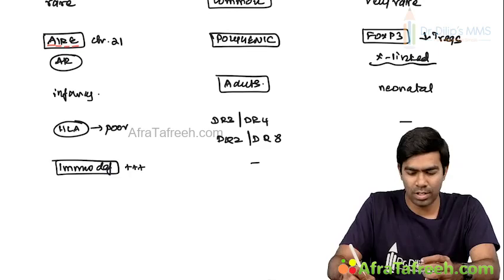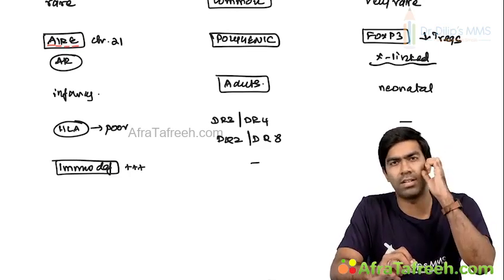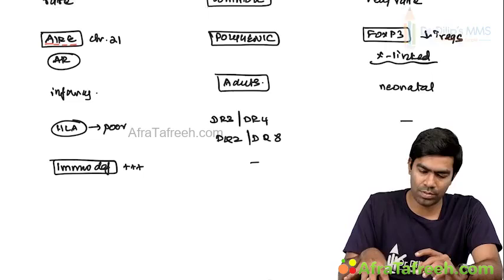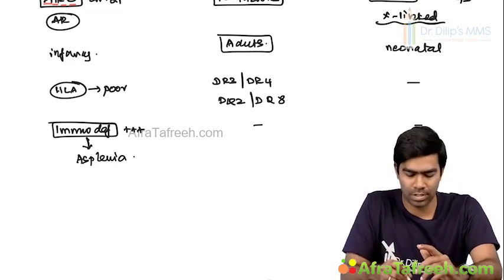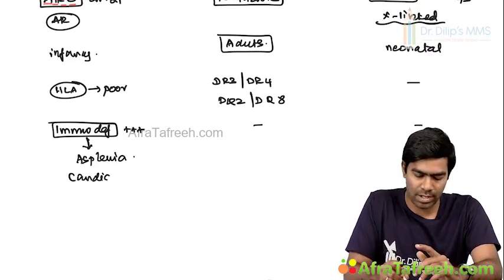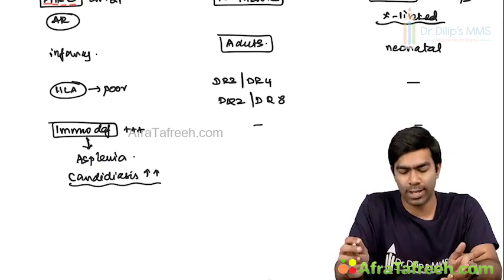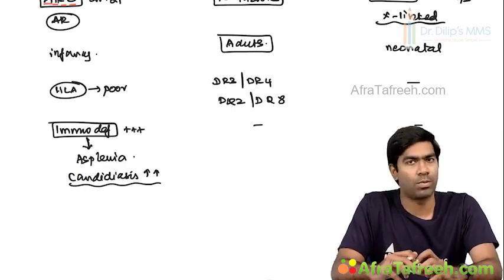It's usually not a feature of APS type 2 and IPEX, but it's a very important feature of APS type 1. What is the reason for immunodeficiency? Many of these patients will have asplenia, and that predisposes them to the development of candidiasis. Very important point. Candidiasis risk is very high in these patients. We don't have this immunodeficiency in APS type 2 and IPEX.